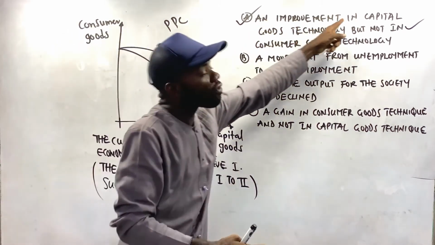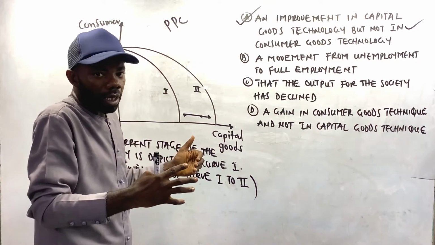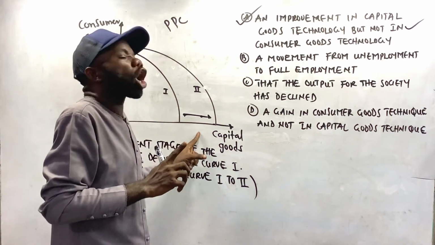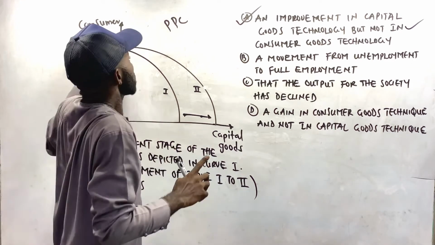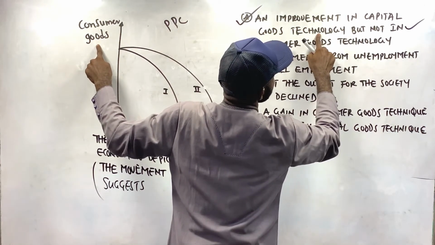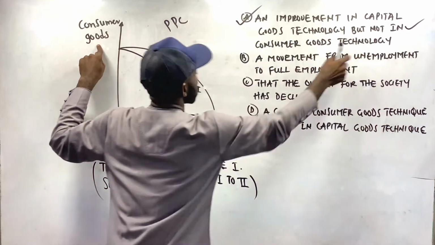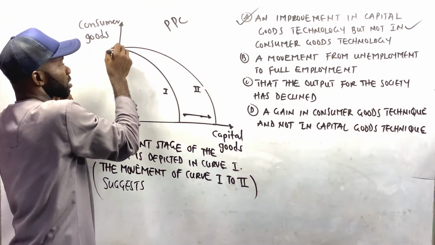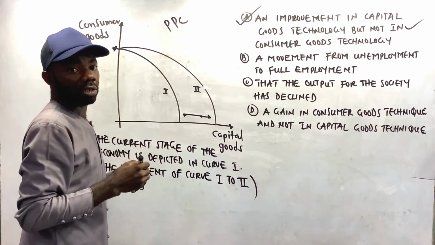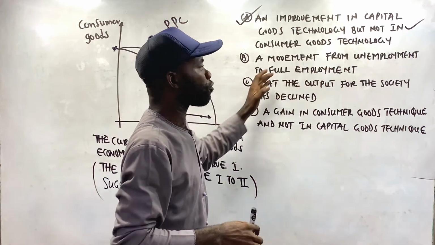It's an improvement. That means the harvest for that day will be more favorable to corn only and not yam. Improvement in capital goods technology, but not in consumer goods technology. That's why this is still constant, and this one increased. And that's the answer.